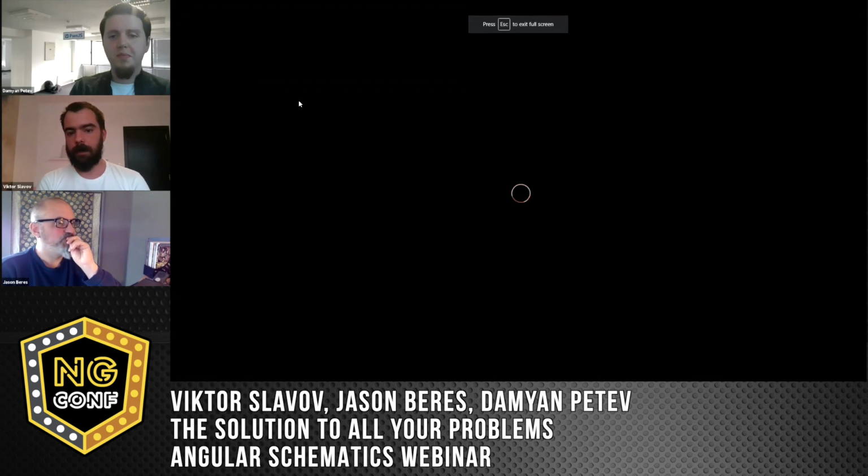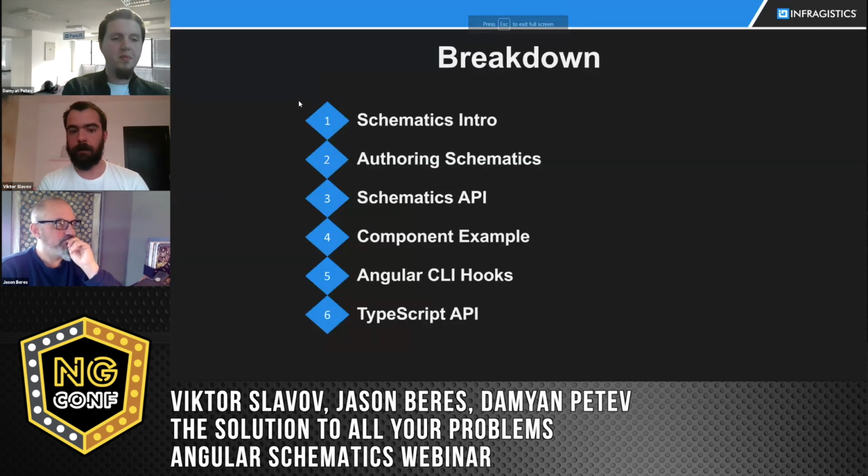So ideally, what we want to go through is a quick intro of what schematics are, and then just jump right into it. So how you can create your own schematics from scratch, explain a bit about the API, go over an example which will create a schematic very similar to this one.